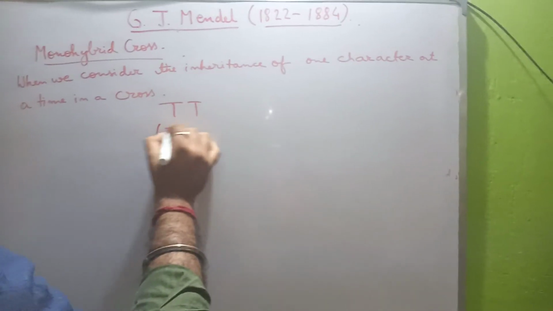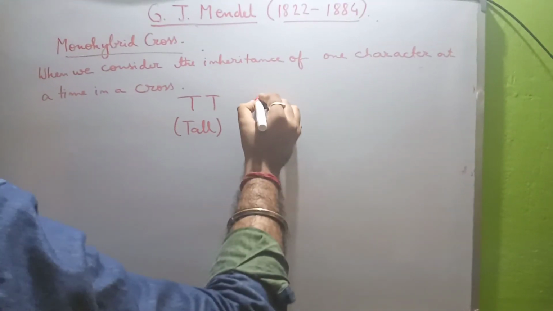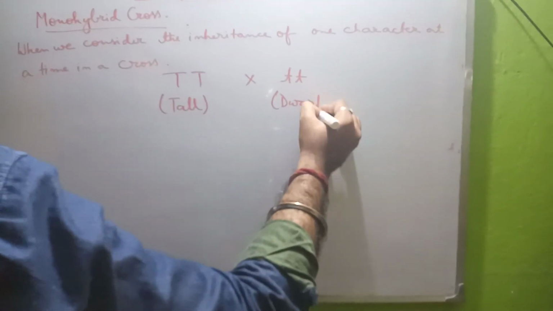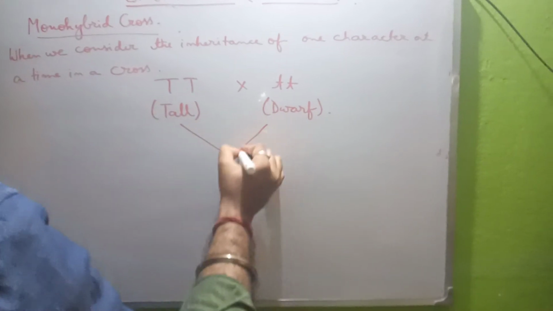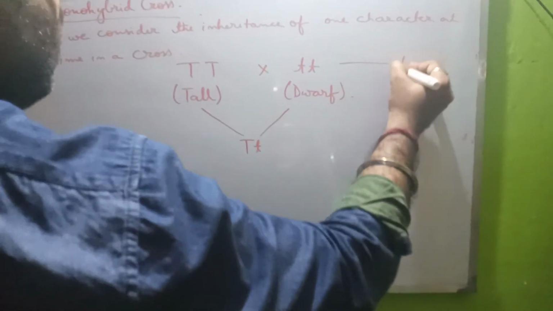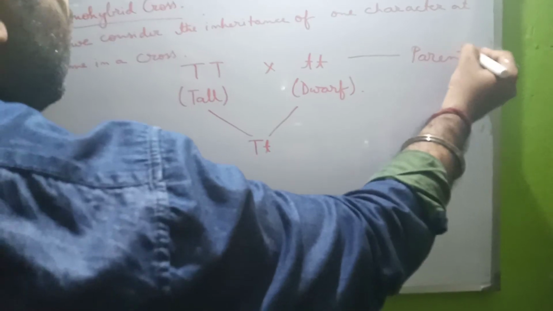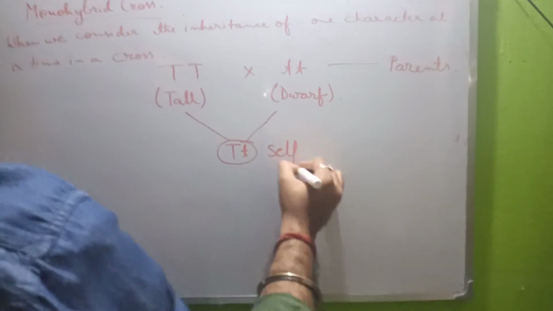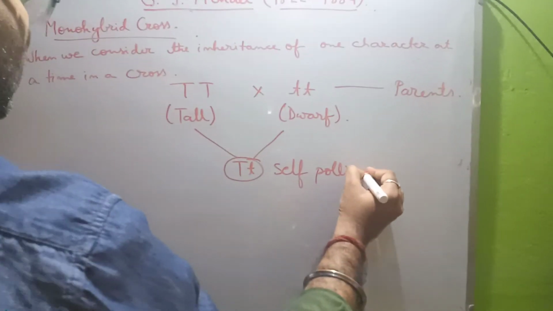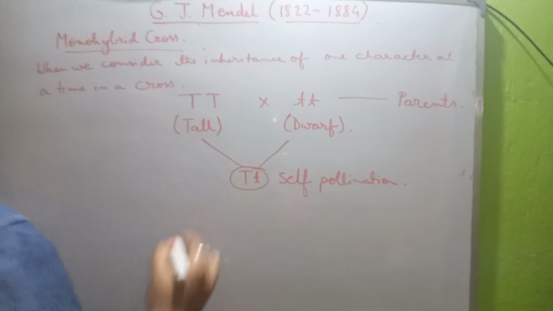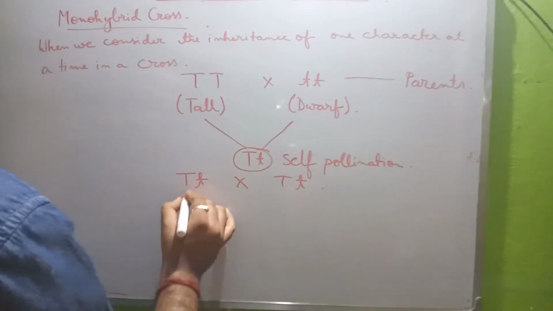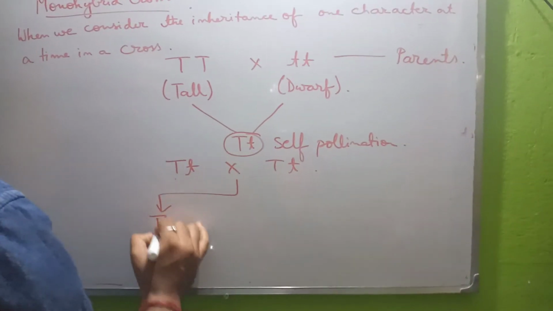Like Mendel selected pure tall plants, like this, and pure dwarf plants, and from here gametes were formed. These were the parents, or the parental generation. This is the gamete. Self-pollination occurs, and now when this is self-pollinated, what will we get?